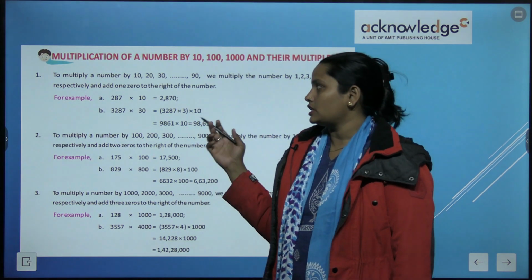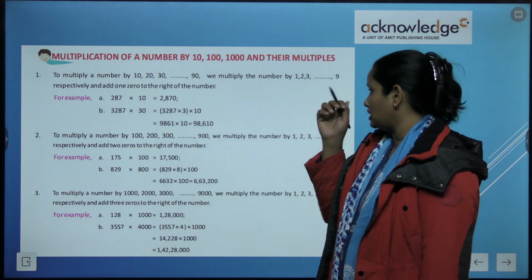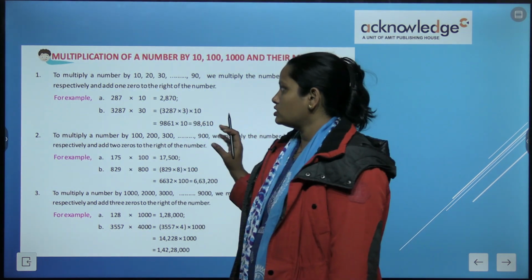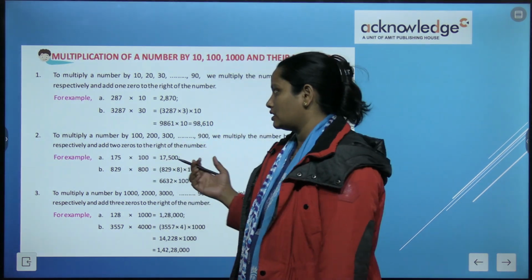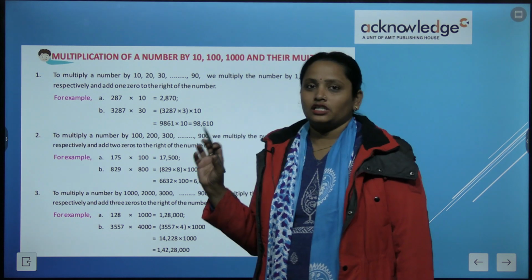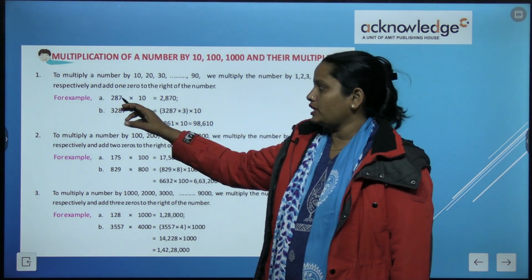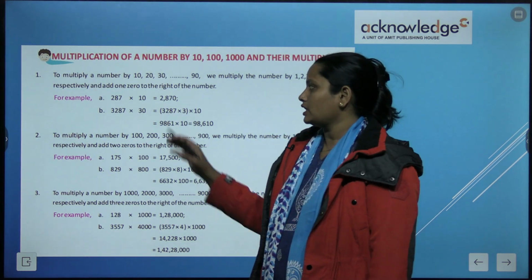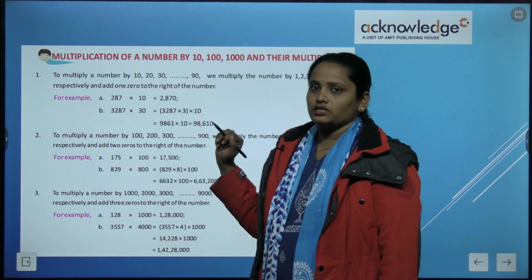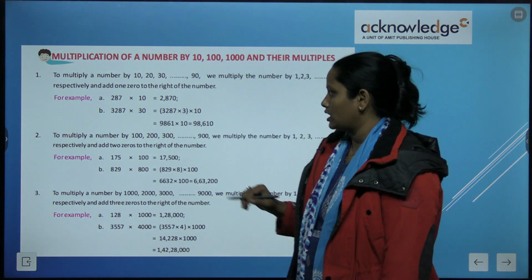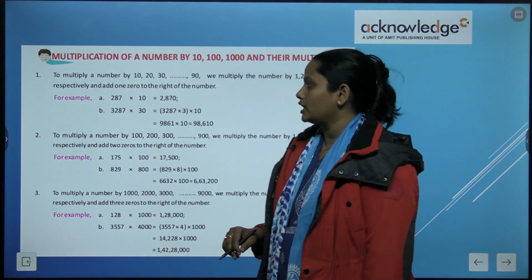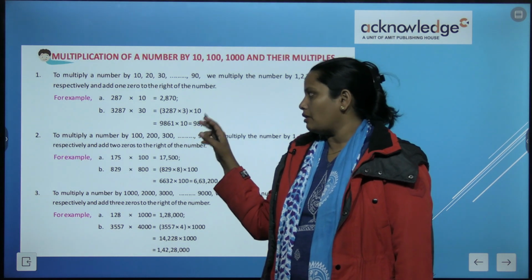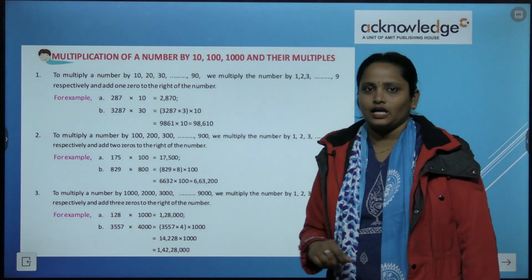So to multiply a number by 10, 20, 30, 90, we multiply the number by 1, 2, 3 and so on. अगर कोई नंबर है जिसके लास्ट डिजिट में 0 आ रहा है, so जीरो को हम हटा देंगे, जो बचा हुआ नंबर है उससे हम मल्टीप्लाई कर देंगे उस पर्टिकुलर नंबर को एंड लास्ट में जितने भी 0 हैं उन्हें हम इंसर्ट कर देंगे. फॉर एग्जाम्पल यहाँ पे 287 को हमें 10 से मल्टीप्लाई करना है, तो हम 0 को रिमूव कर देंगे, 1 से मल्टीप्लाई किया, दिस इज आंसर, और जितने 0 थे वो हमने ऐड कर दिया. सिमिलरली 3287 को हमें 30 से मल्टीप्लाई करना था, तो हमने 0 हटाया, 3 से मल्टीप्लाई किया, तो आंसर इज दिस. अब इसमें हम वापस से 0 को इंसर्ट कर देंगे, सो दिस विल बी द आंसर.